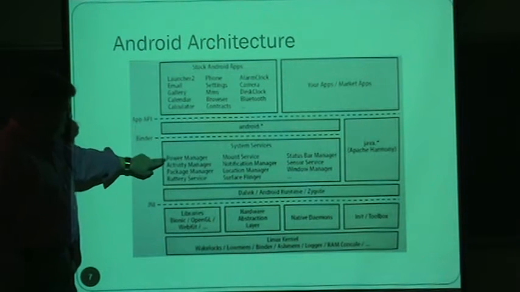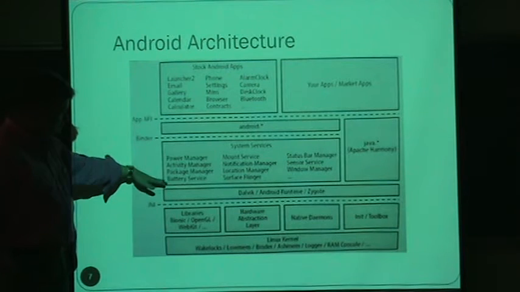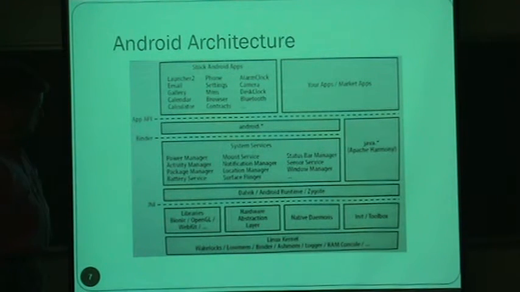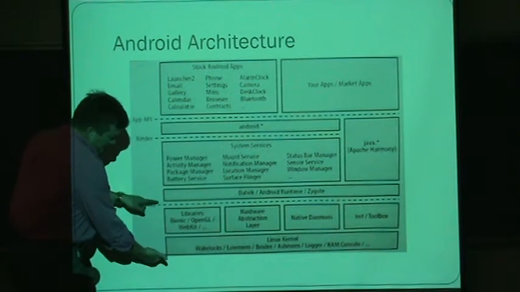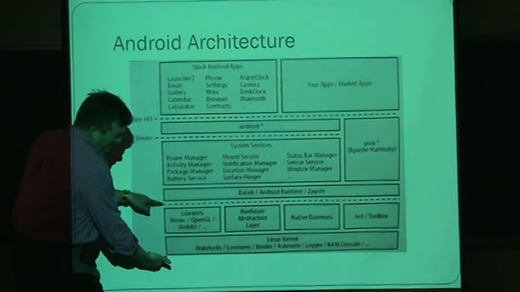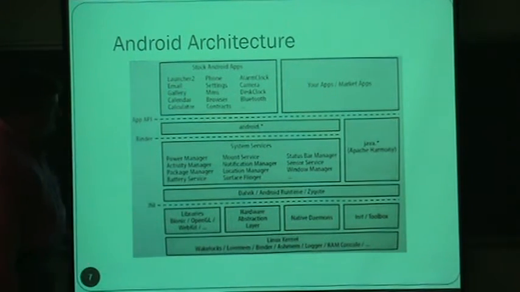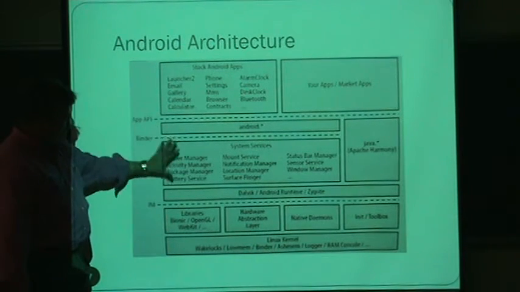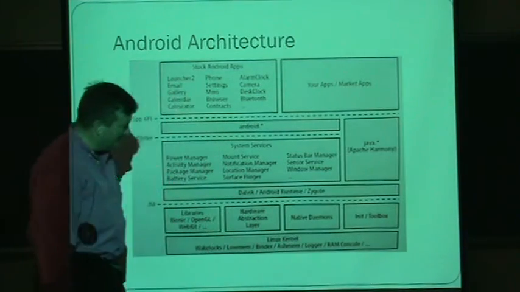They manage things like how much power you have, how much battery life is left, and so forth, things related specifically to the phone. And then these talk to the actual Linux operating system, which is at this lower level, through another layer of interfaces. So it's just a layering of interfaces until you finally get down to the Linux operating system.